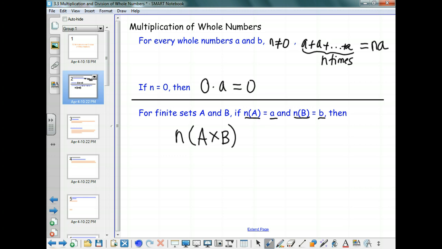We said when we did the Cartesian product of two different sets, the number of items was the number of items in A times the number of items in B. And if we're calling the number of items in A little a, and the number of items in big B, little b, then this is a times b. So this is our definition for multiplication of two numbers a and b.